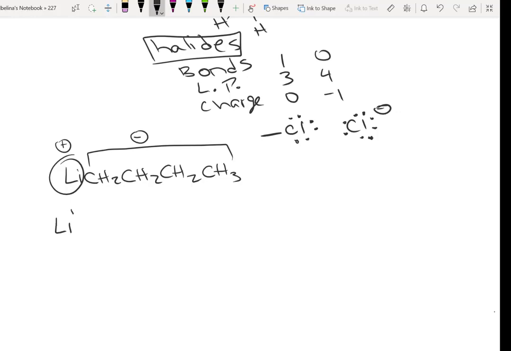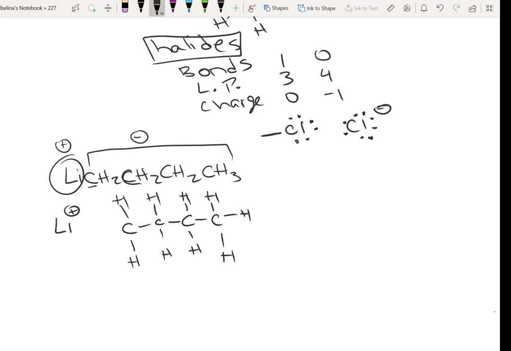If I want to show all the bonds here, I'm going to draw this out. This carbon has 2 hydrogens, and then it's bonded to this carbon here. And then we keep moving down the formula until we get to the very end. Almost all of the carbons have an octet except for the first carbon. I don't have any more hydrogens. I cannot draw a bond between lithium and carbon like that, because that's a covalent bond.